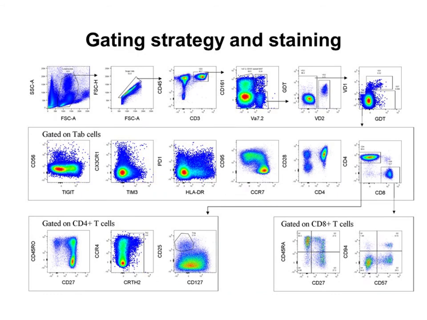We could very nicely resolve many of the populations of interest. You see in the middle CD56, TIGIT, CX3CR1, TIM3, PD1, and many of the other markers we have added.